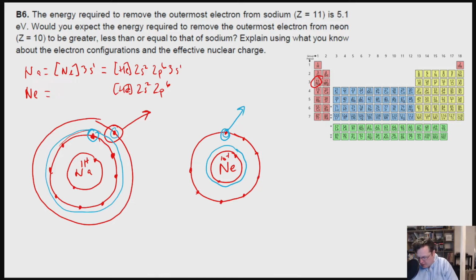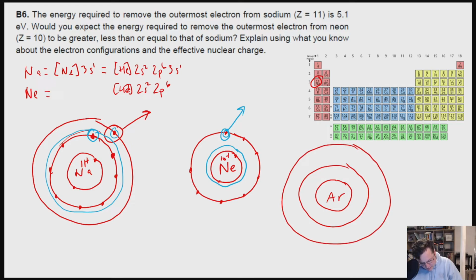And that's the way you should think about and explain it. And it's the same thing that happens if we go one step further down to argon, just going a little bit more advanced here. If we have argon here, you're going to have 3 shells here.